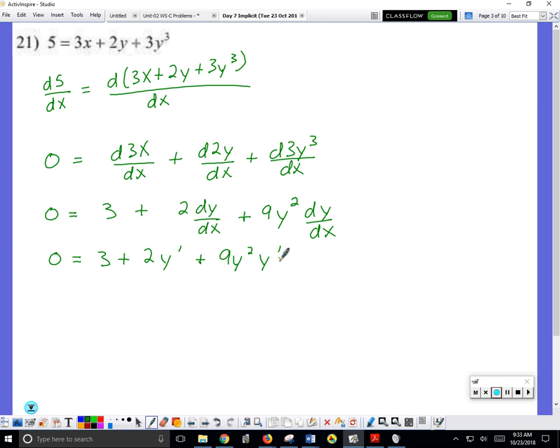Move the 3 to the other side of the equation. Factor out a y prime. It's 2.